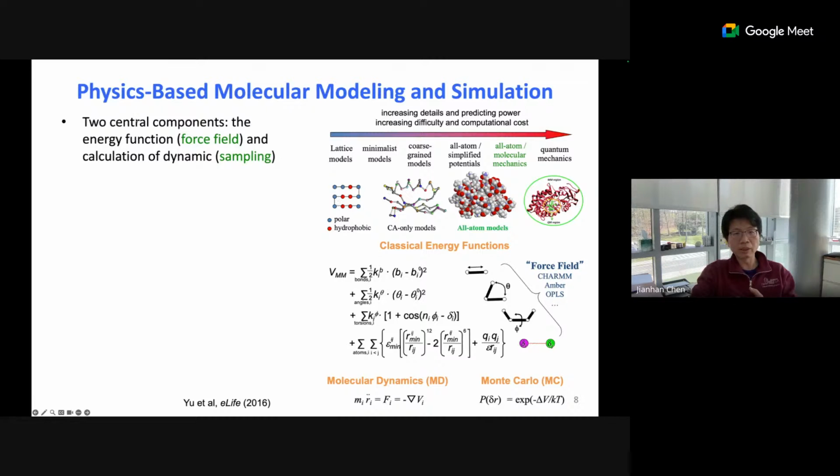This is why we often refer to this kind of approach as physics-based: the energy function is an approximation, but the approximation is based on our understanding of the physics involved in the interactions of this system.